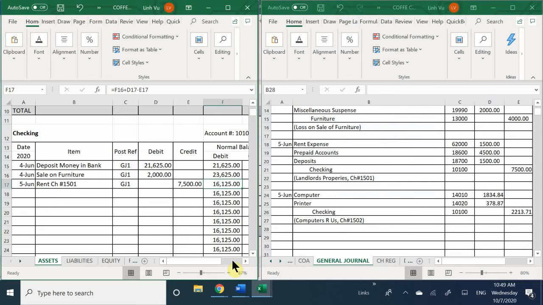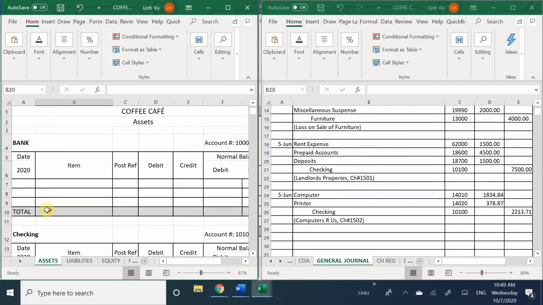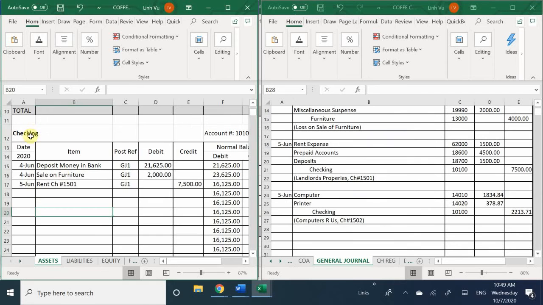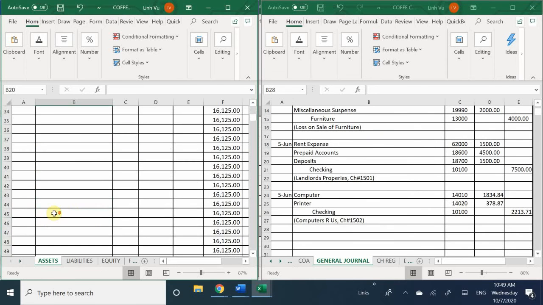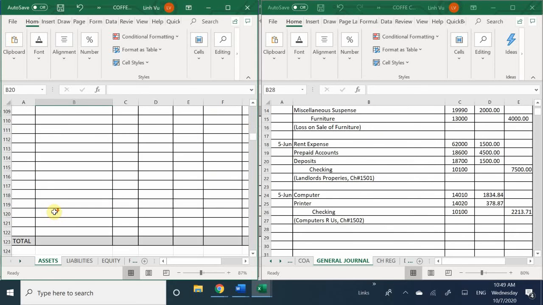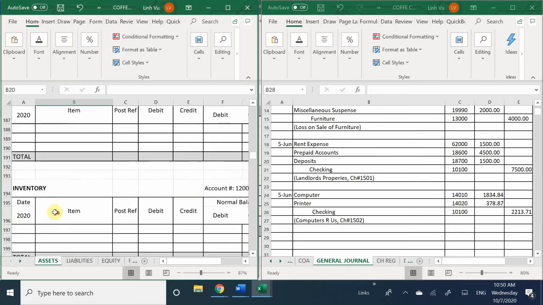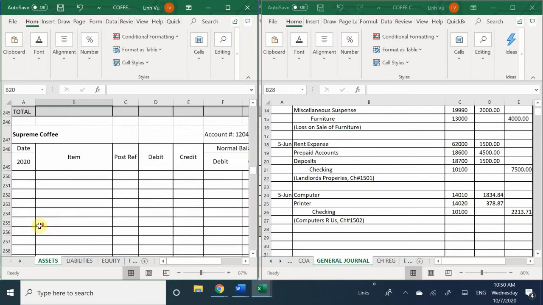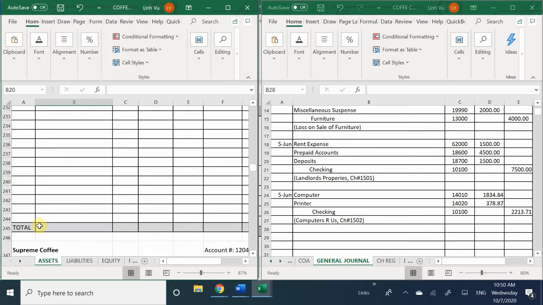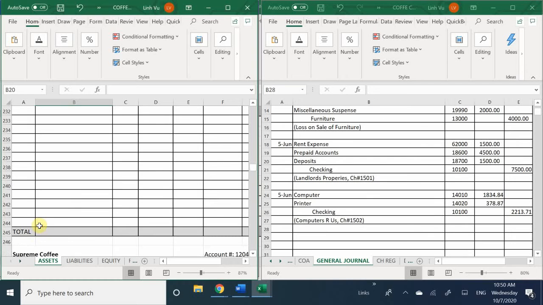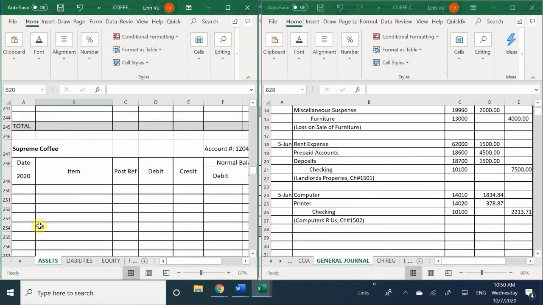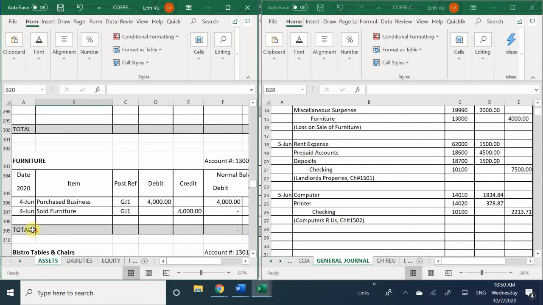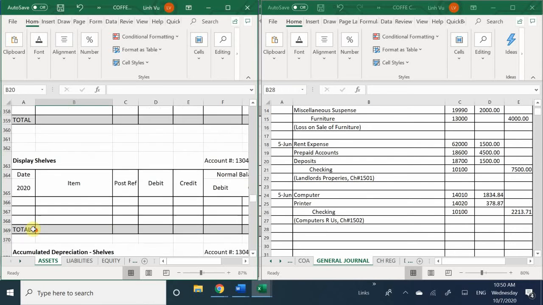So first things first, I purchased a computer. Notice checking is right here. But again, you don't ever want to do that yet unless you've done this before, then you may do so. So I'm going to look up my computer. Here is my furniture.